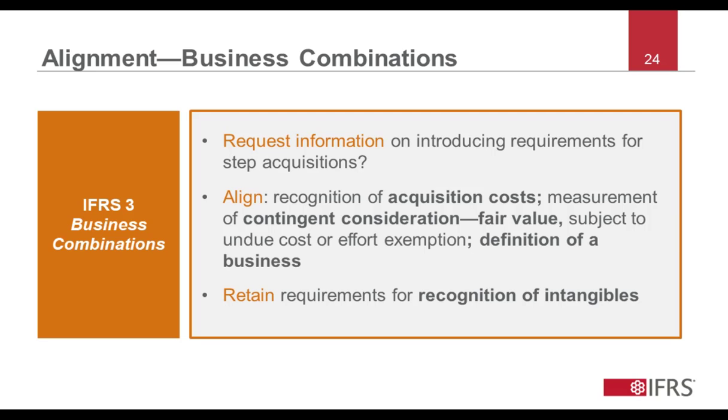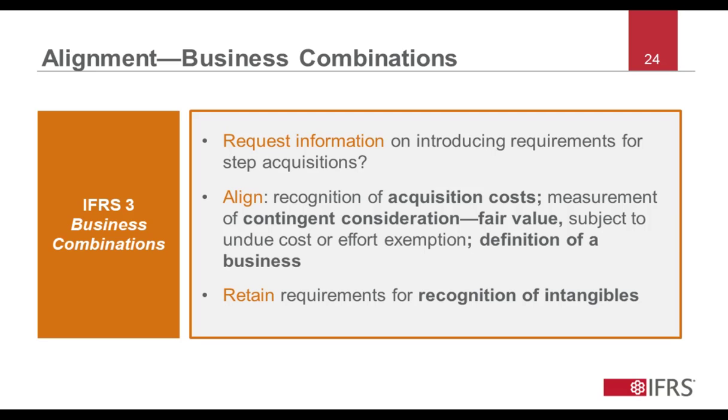When we stood back and looked at the decisions that the board had made about aligning the cost of the acquisition, but not aligning the requirements regarding intangible assets, we didn't think that this hurt the faithful representation. And the reason we felt this was because there is a difference between the IFRS for SMEs standard and full IFRS standards.